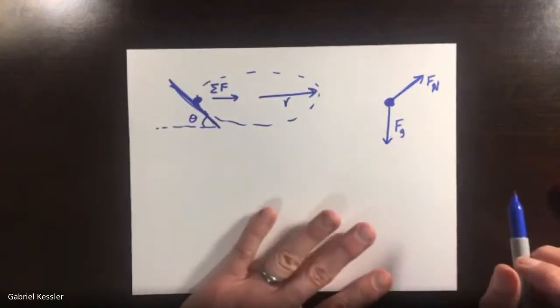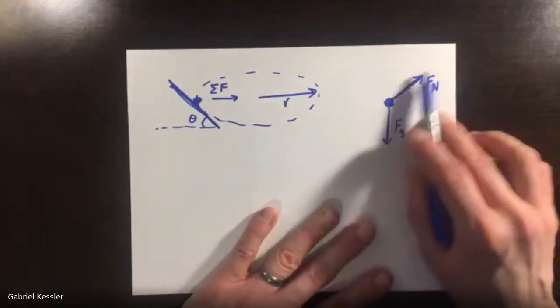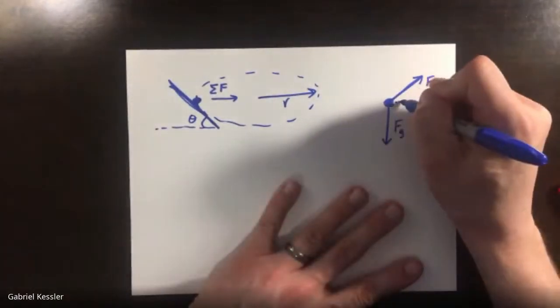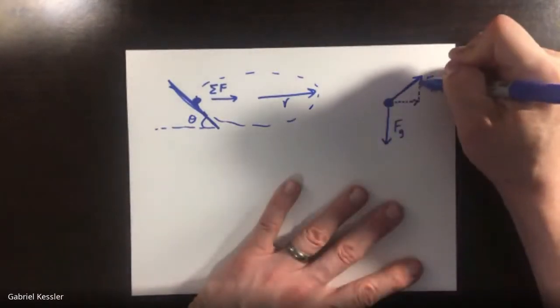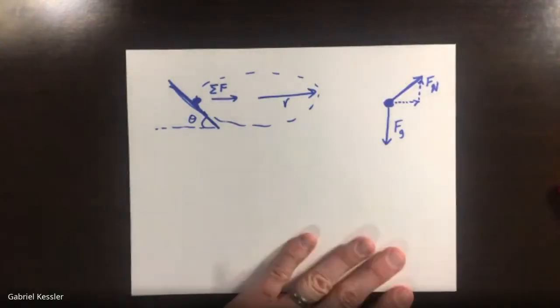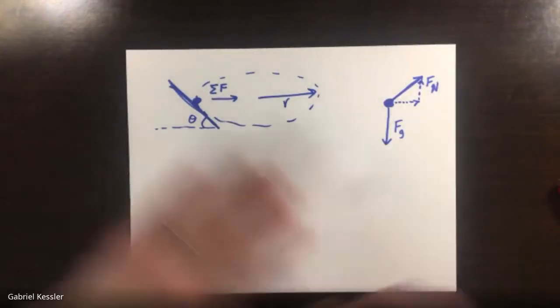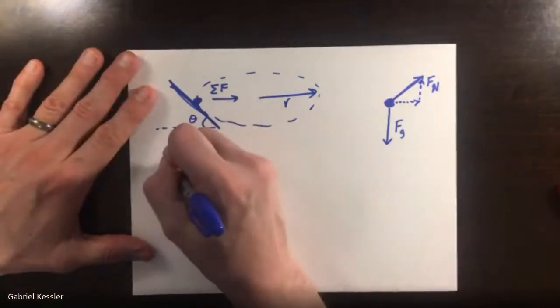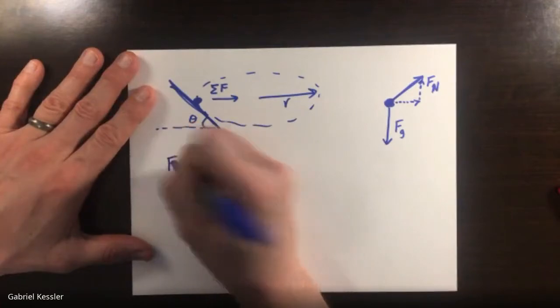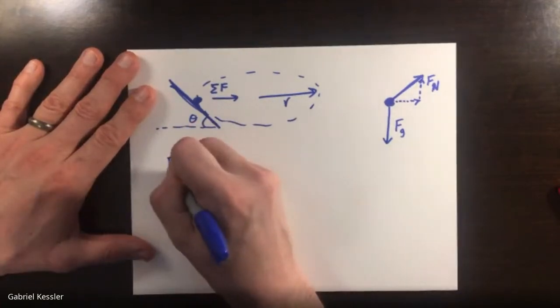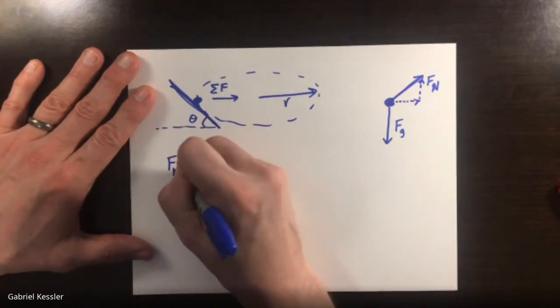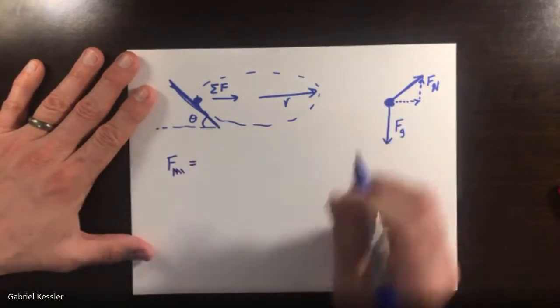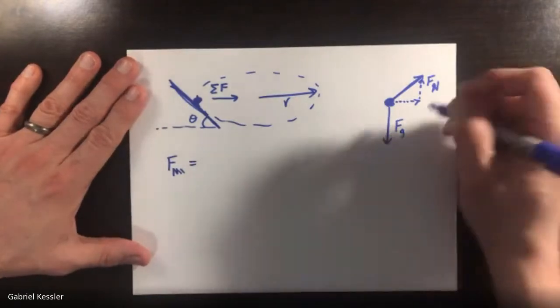Okay, so normal force, it's going to have two components. It's going to have a horizontal component and a vertical component. Now the horizontal component, we'll say that's parallel to the ground. Okay, the parallel component of normal force. That's supplying the centripetal force, right?